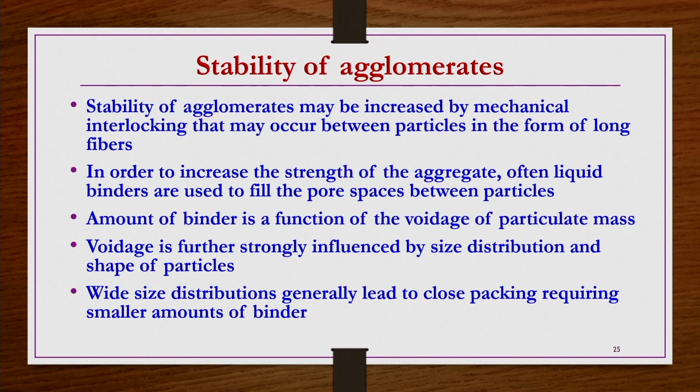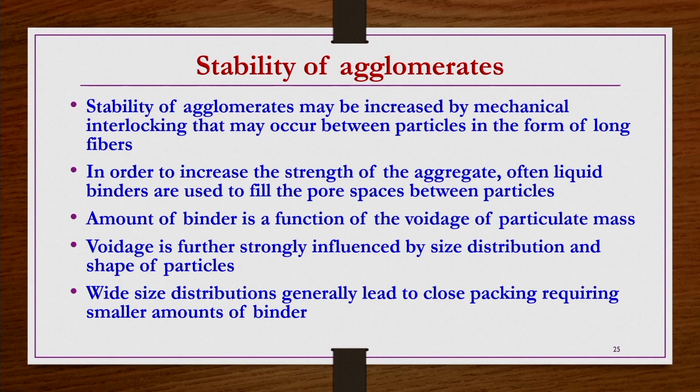For the same weight of material, same density, if you change the shape, then the voidage that is going to be formed because of these fine agglomerates is going to be different. That is what I mean by voidage being strongly influenced by size distribution and shape of particles. Wide size distributions generally lead to close packing, requiring smaller amounts of binders.